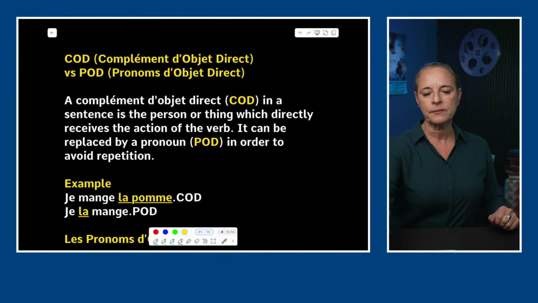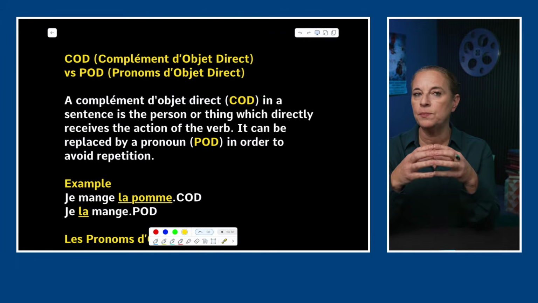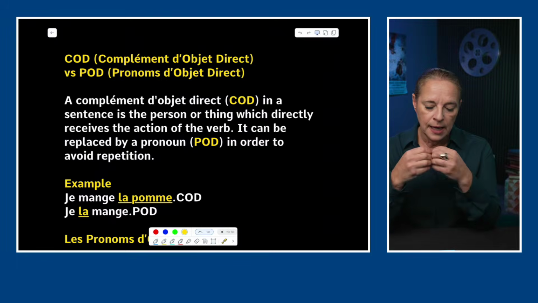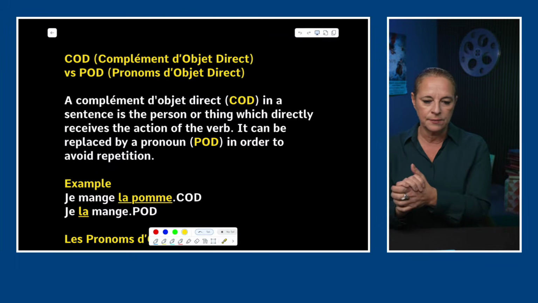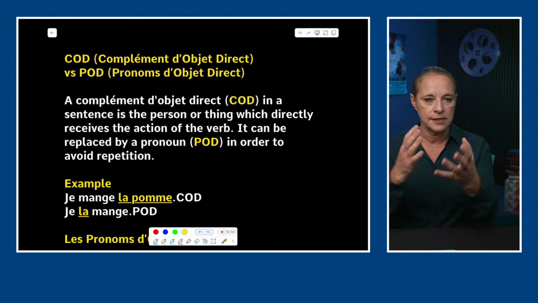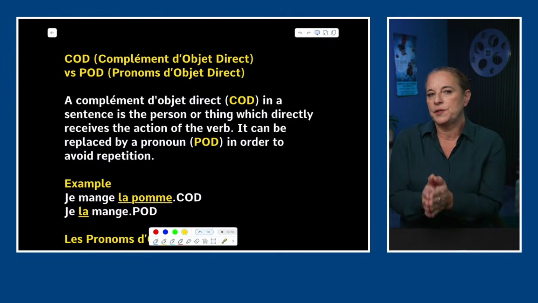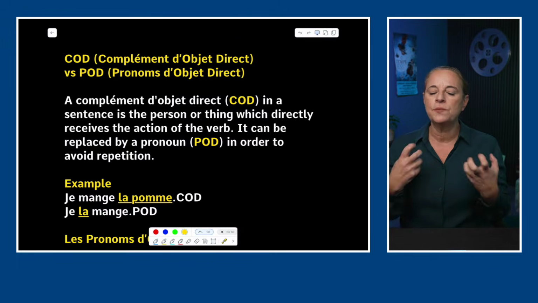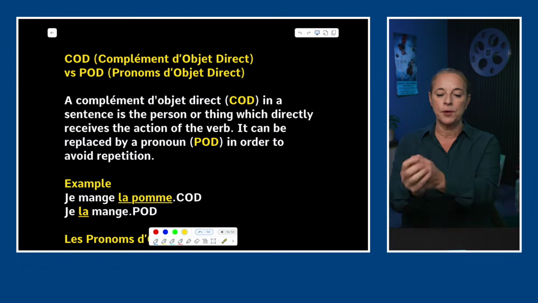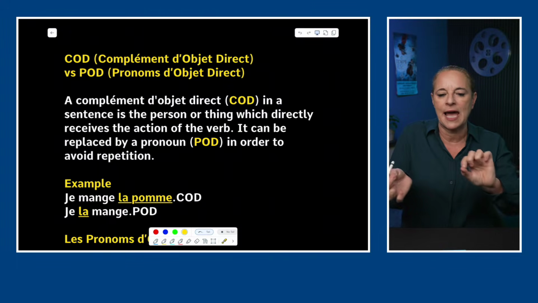Okay. I'm going to show you very briefly what is the difference between a COD and a POD. Now a COD is a complément d'objet direct. I'm going to show you in a minute in the sentence what it is. And a POD is a pronom d'objet direct. So a complément d'objet direct in a sentence is the person or thing which directly receives the action of the verb.